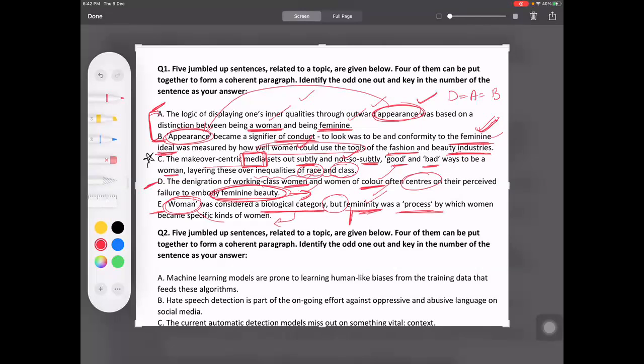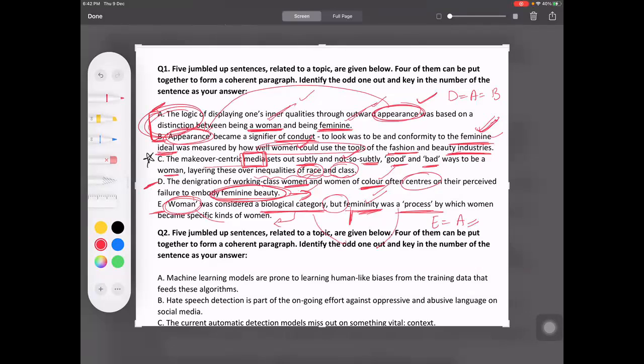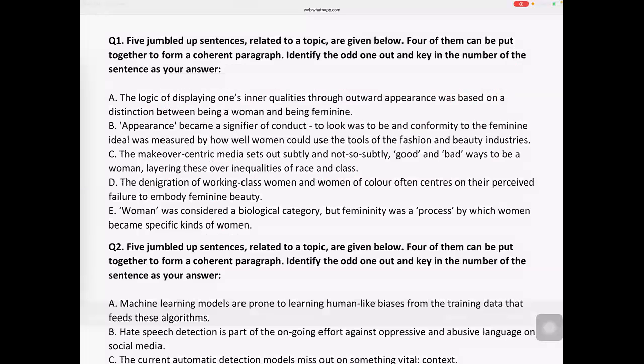Again, they are focusing on women and feminine, so it has a connection with the A option, because A option is also a distinction between women and feminine. Here also they are defining these two things. All right, so E has a connection with A, D has a connection with A, A has a connection with B. Ultimately, we are left with the C option. They're talking about media, but the remaining four options weren't talking about the same. The answer will be C.